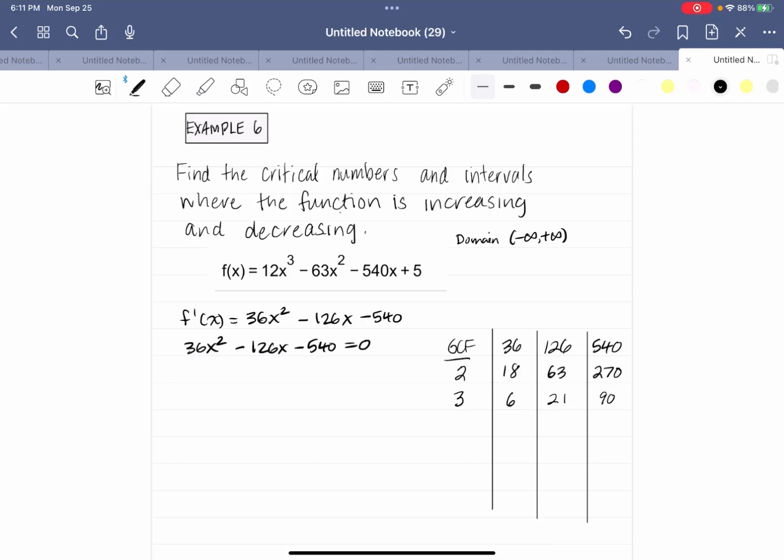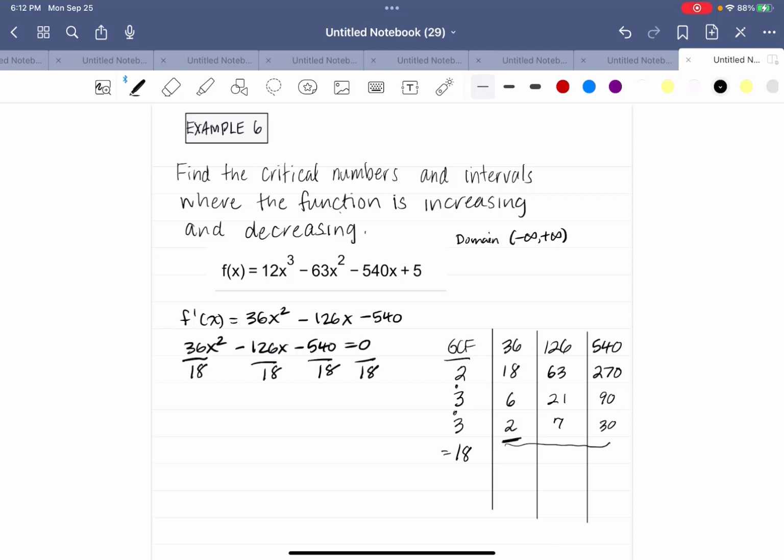I still see another common factor of 3. 3 goes into 6 twice, into 21, 7, and into 90, 30 times. Now, since 2, 7, and 30 have no common factors, my GCF is 2 times 3 times 3, which is 18. So I'm going to divide every term by 18, and these numbers will become smaller.